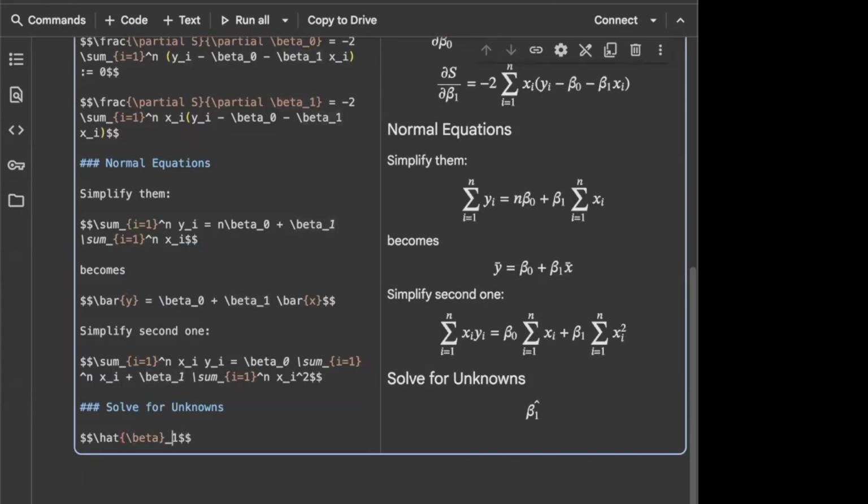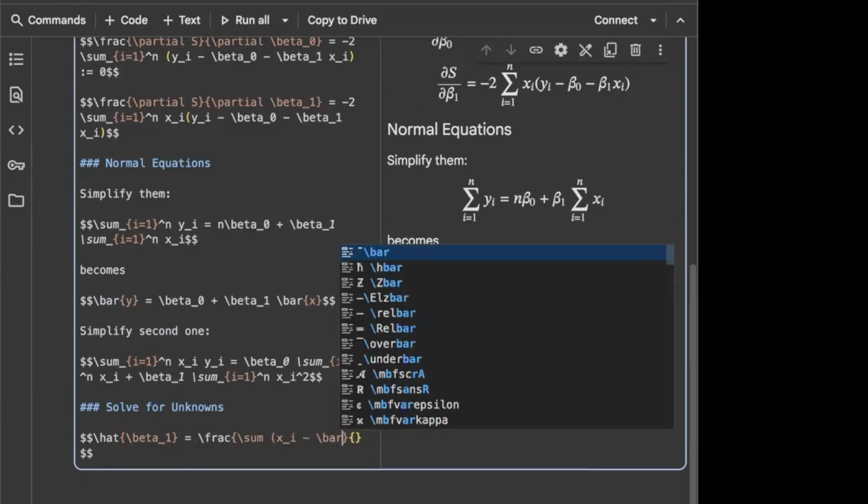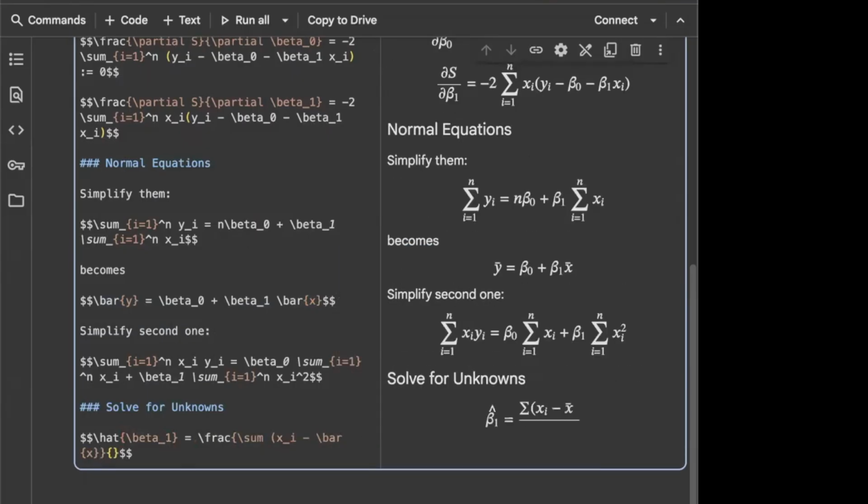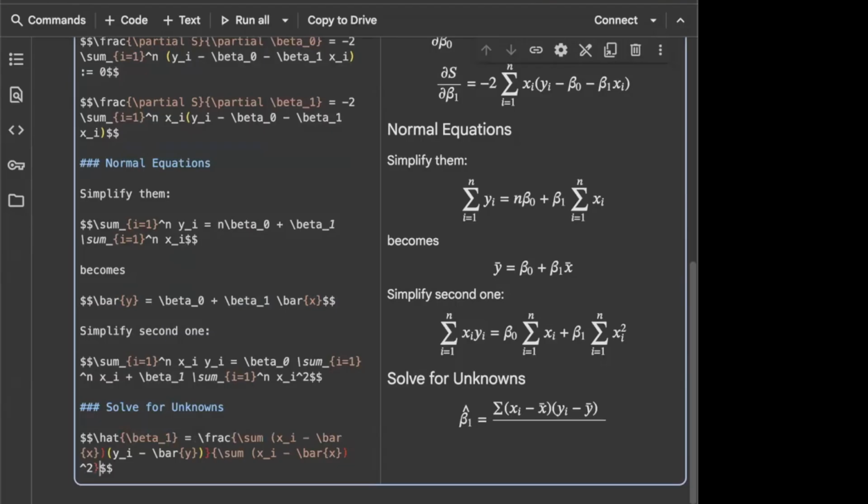And then that looks a little weird, so I am going to put this here. Hopefully this solves the problem a little bit. Okay. This actually is going to be a giant fraction. So you have a sum of xi minus x bar and yi minus y bar. And then below you have the sum of xi minus x bar squared.